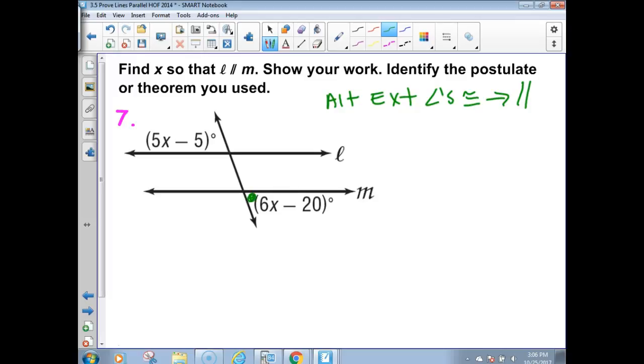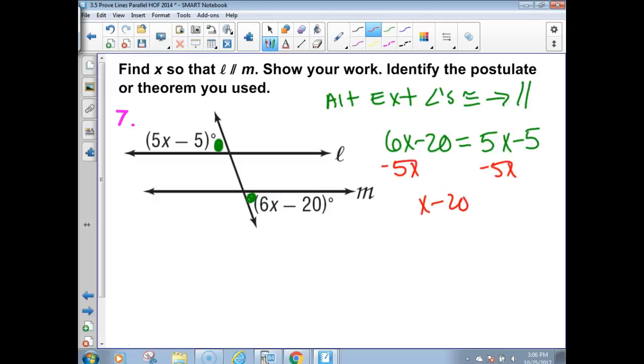Well, we said congruent, so I bet you're already setting it up. 6x minus... I'm starting with the 6x just because I like to get the bigger x's on the left. 5x minus 5. So solve that carefully. Got x minus 20 is negative 5. Bring down that minus sign. If you add 20, you should be getting 15 for your solution.